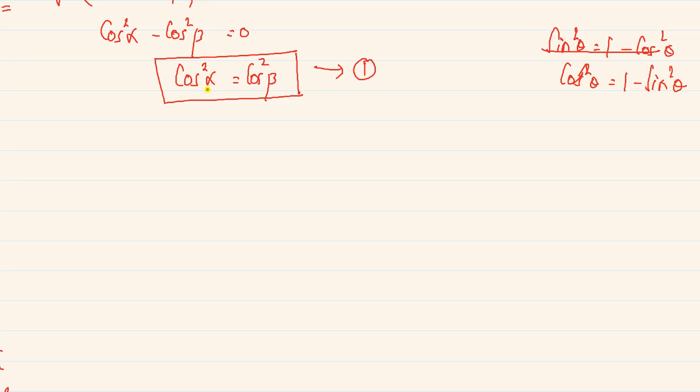Okay, so cos square alpha can be replaced by 1 minus sin square alpha. In the same way, cos square beta can be replaced by 1 minus sin square beta.